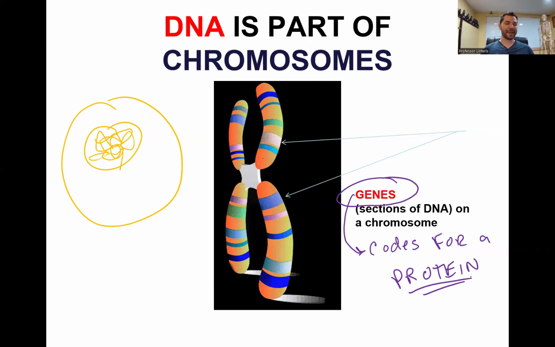Our cells need to make tons of proteins of different types at various times, depending on what they're doing and what their function is. So, how does it know what protein to make? Certain genes would be turned on or activated. So, the most important thing so far is that a gene is a sequence of DNA that codes for a protein. So, the result of all the things we talk about will be a protein.